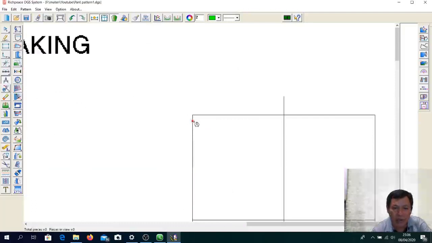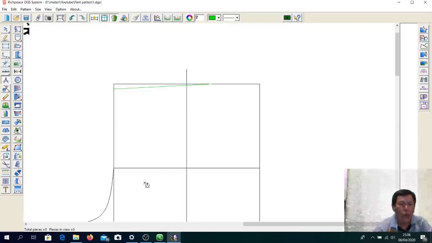So we take from here until this line using 19.75. Okay, enter.